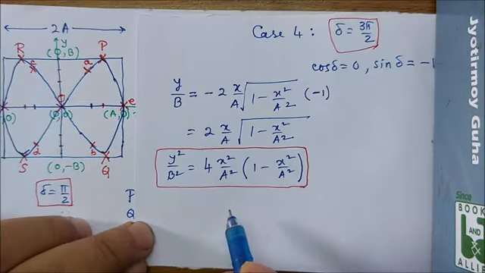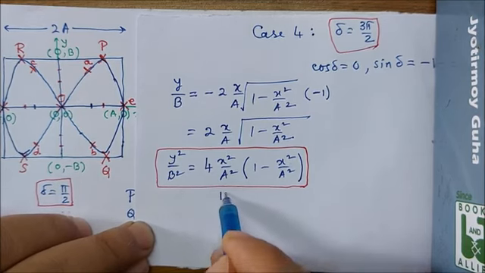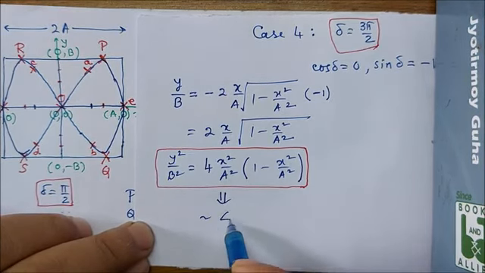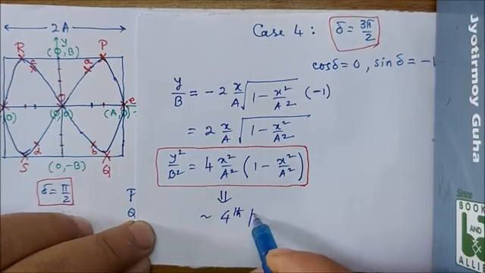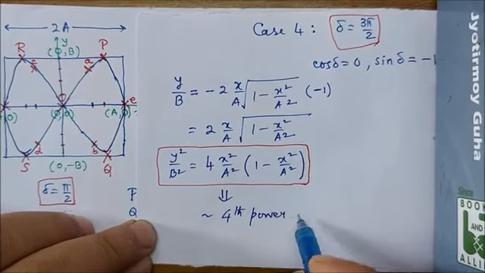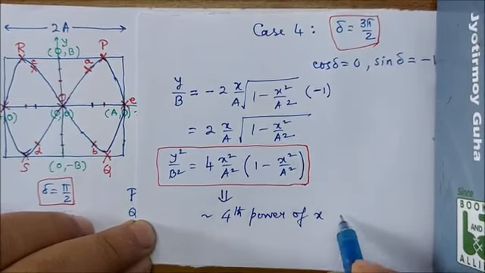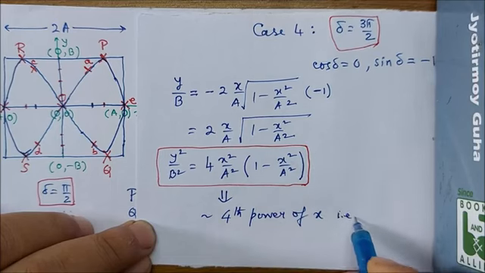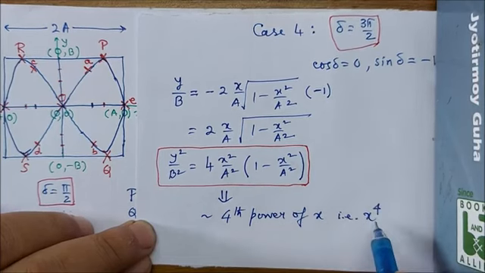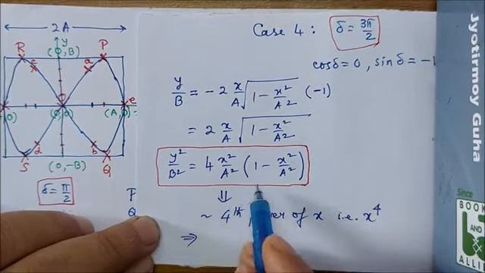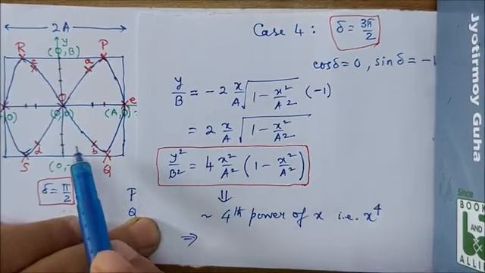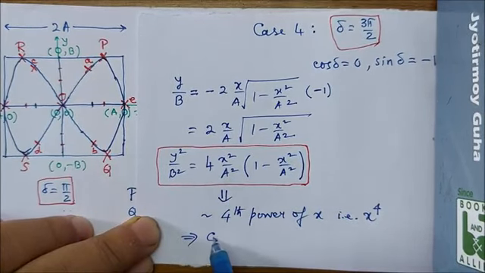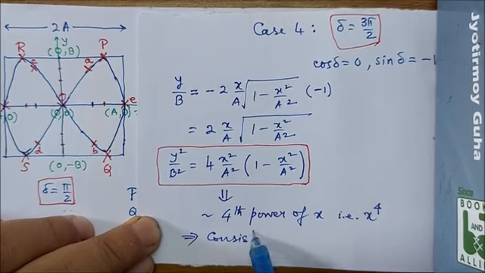One thing to be noted is that this equation is in the fourth power of x, that is, it goes as x to the power 4, and so this equation leads to a Lissajous pattern that consists of two loops.